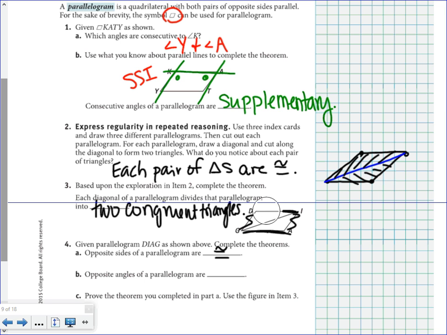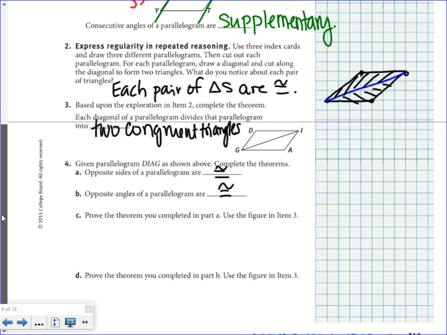Your opposite angles of a parallelogram, so that's GI and D and A, they are going to be also congruent. And so now what we're going to do in part C and D is actually prove those 2 theorems.